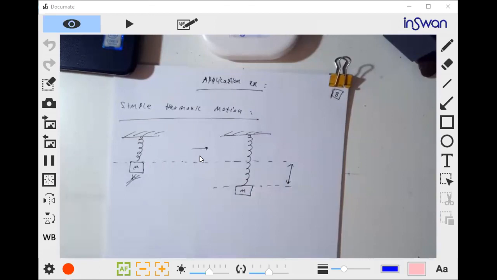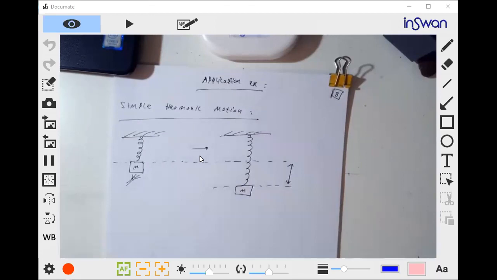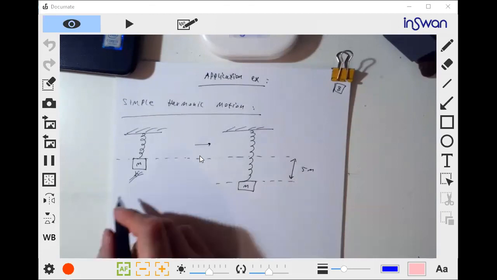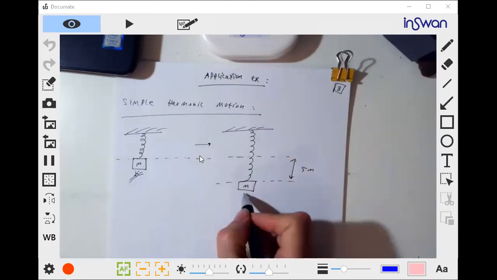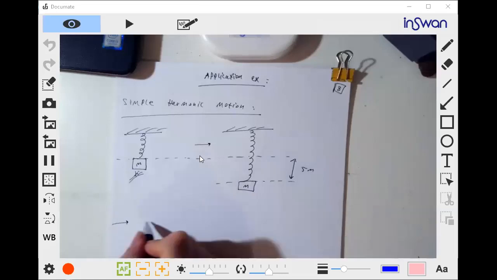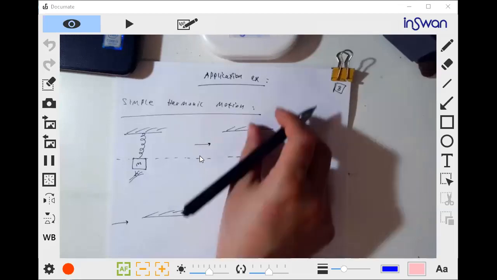So let's say we want to model this situation mathematically. Well, we can measure how much displacement this has. For example, what if it's 5 meters? Then after some time, because it's a spring, as it falls down, it's going to go back up, right?